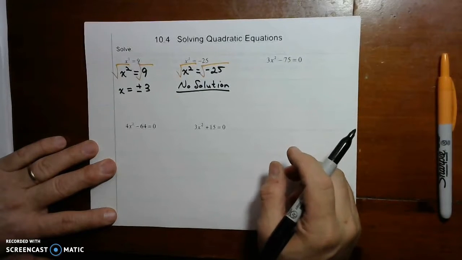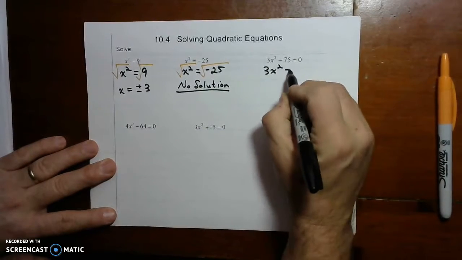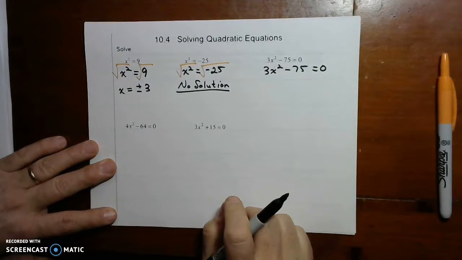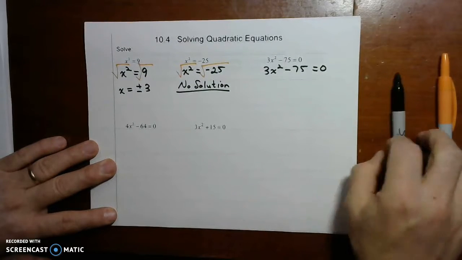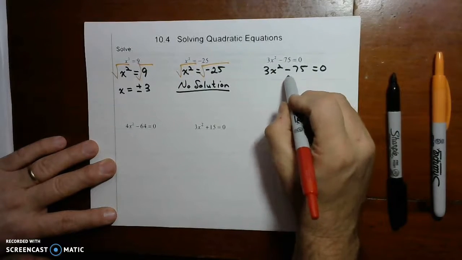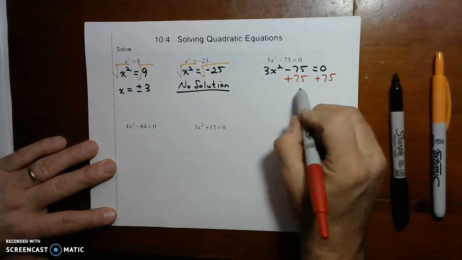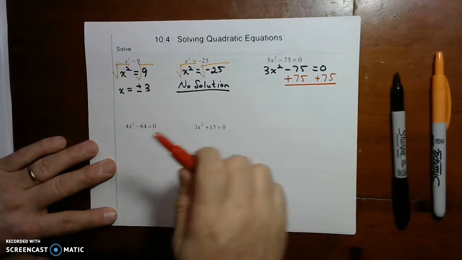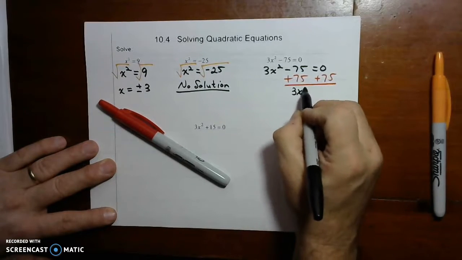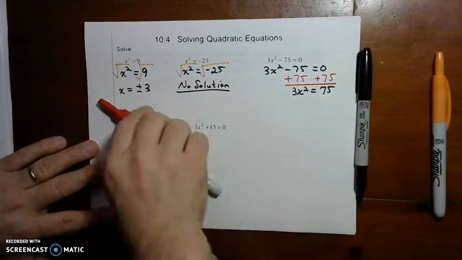So let's move on to example number 3, which says 3x to the second power minus 75 equals 0. The first thing I want to do is isolate my x squared term, so I'm going to add 75 to both sides. Now that gives me 3x squared equals 75.